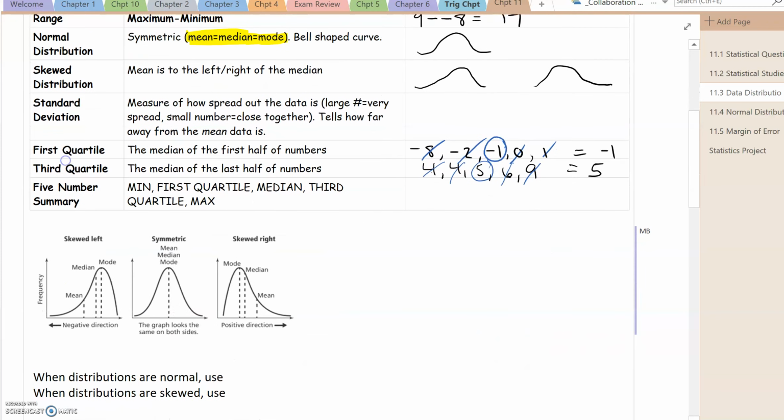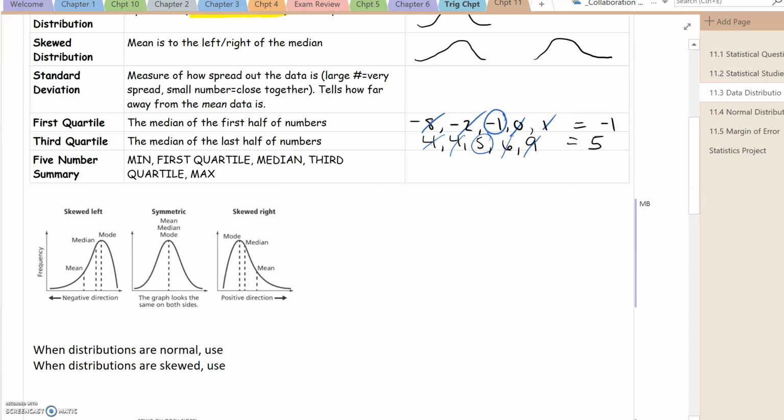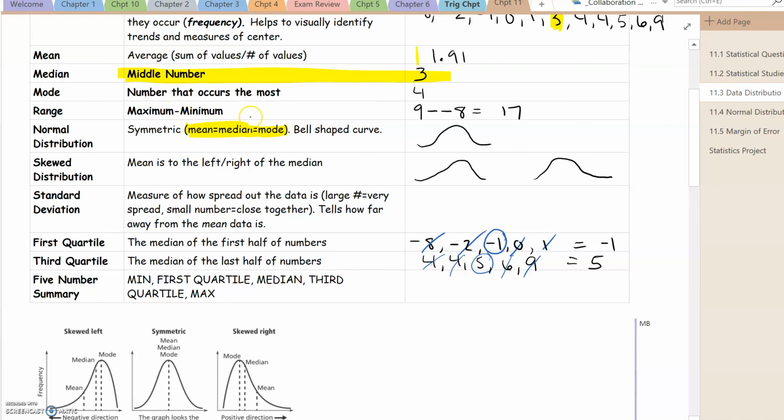All right, 5-number summary. This is what you use to actually draw yourself a graph that we call a box and whisker plot, or a box plot is sometimes what it's called. But your 5-number summary includes the minimum, which we've already found, right? The minimum here was -8.